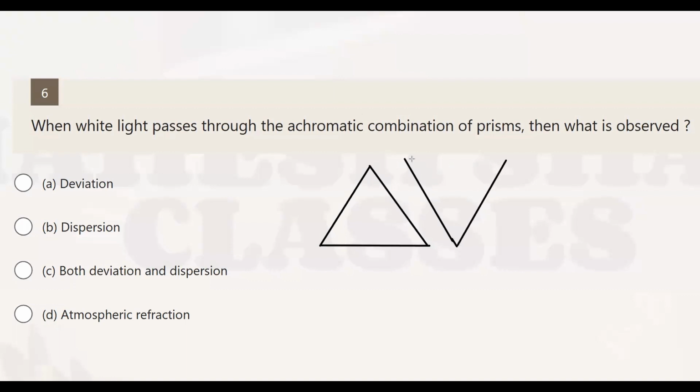Inverted one, right? And when I allow a ray of light passing through it, let's say this is white light, first the ray of light as it passes through, it will bend, and then it splits into a band of 7 colors.